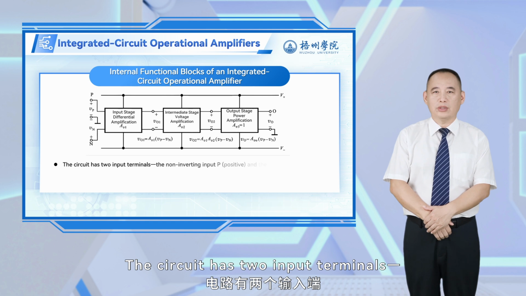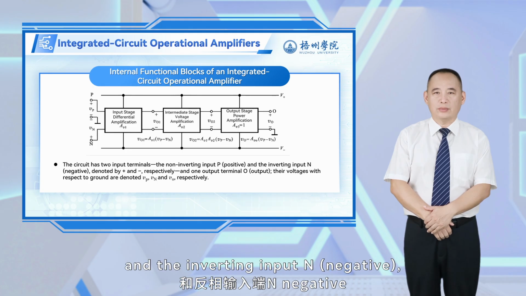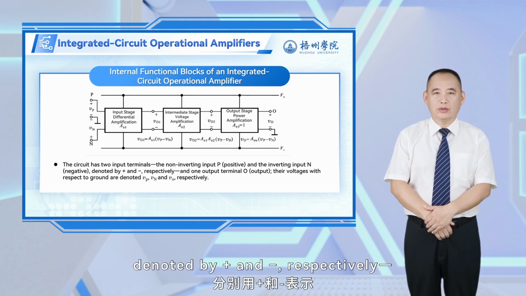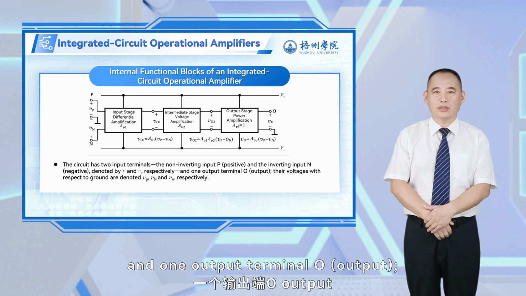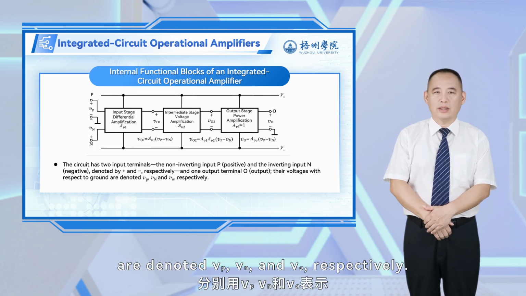The circuit has two input terminals: the non-inverting input P, positive, and the inverting input N, negative, denoted by plus and minus, respectively, and one output terminal O, output. Their voltages with respect to ground are denoted V_P, V_N, and V_O, respectively.